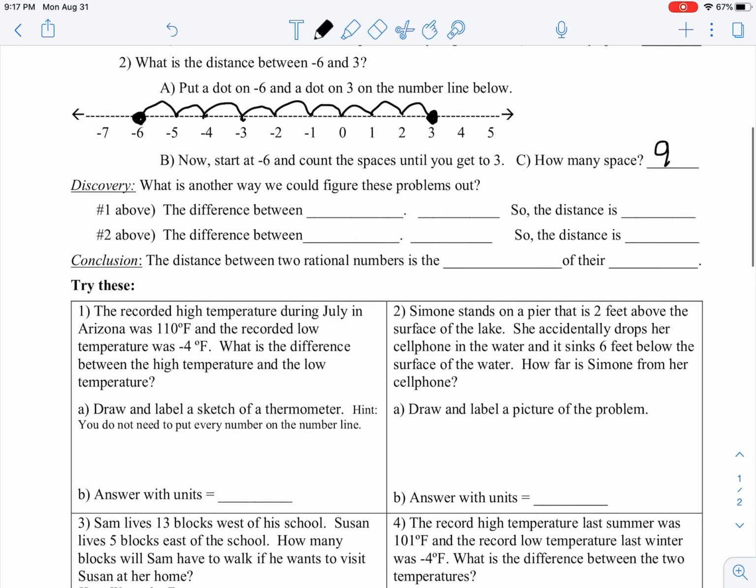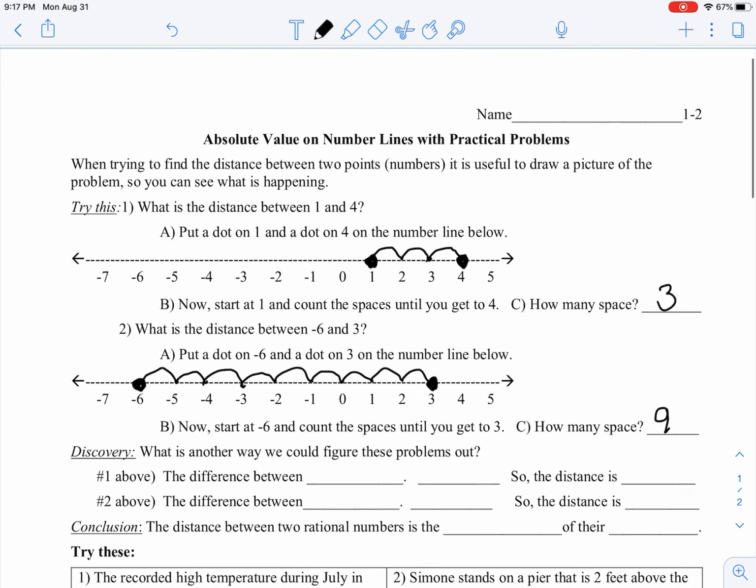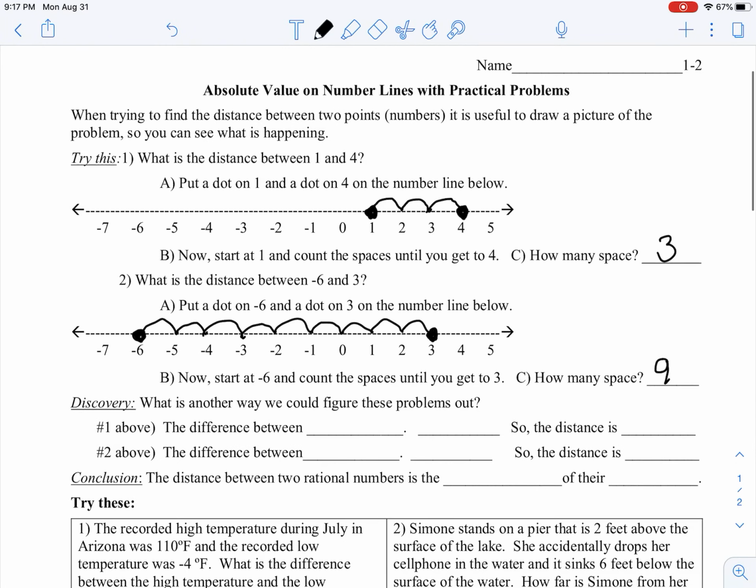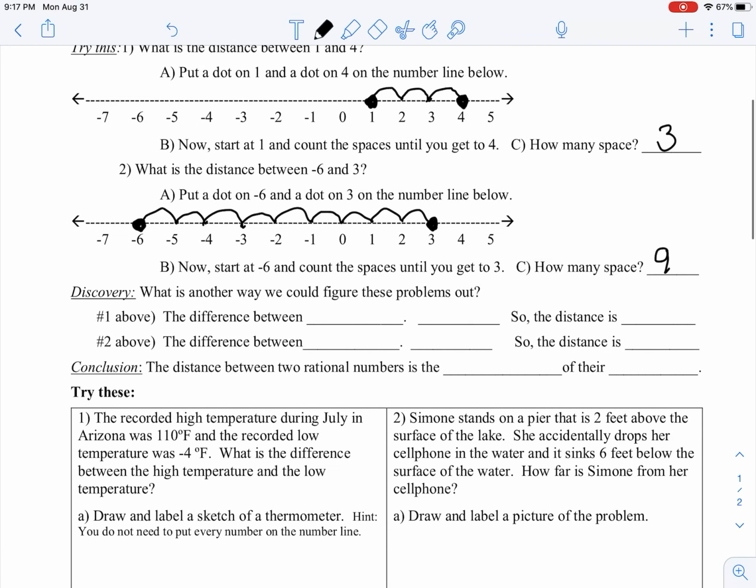Let's take a look at what's another way we can figure out the distance between these two things on a number line. For number 1, if we look back up, all we're trying to do is find the difference between the spaces 1 and 4. The difference between 1 and 4 is 3.